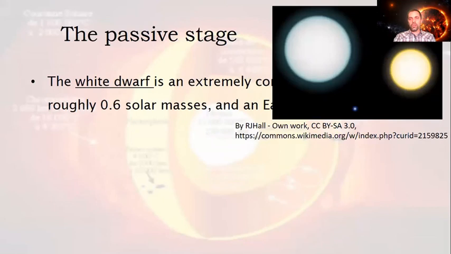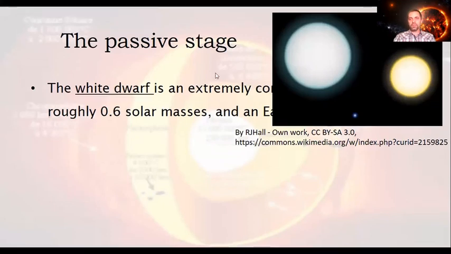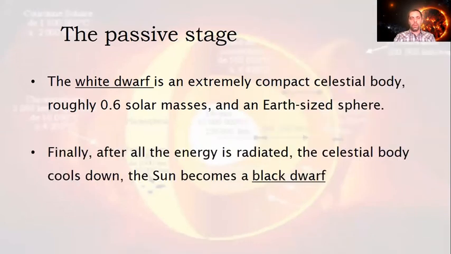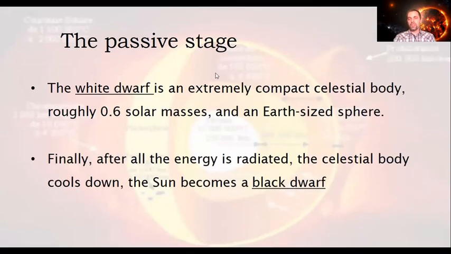On the picture, you can see a comparison between the white dwarf, in the middle, and our sun, on the right. And finally, because no more energy is produced, slowly all the remaining energy is radiated and the celestial body cools down and the sun becomes a black dwarf.